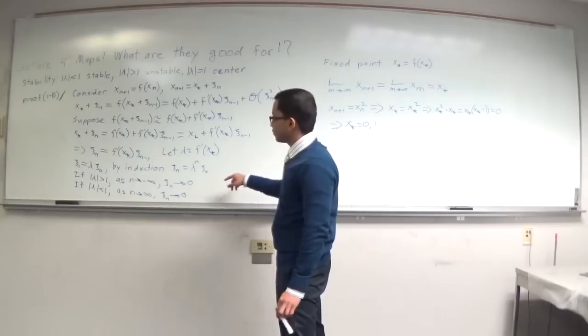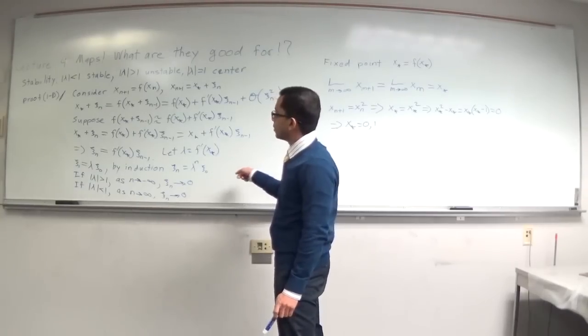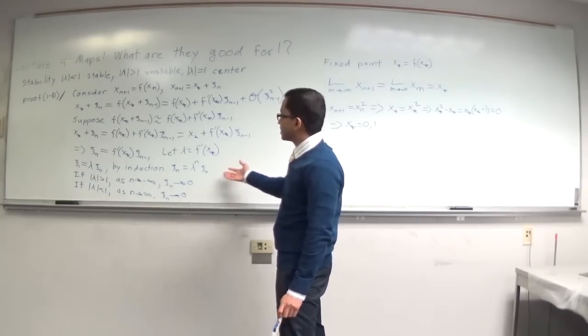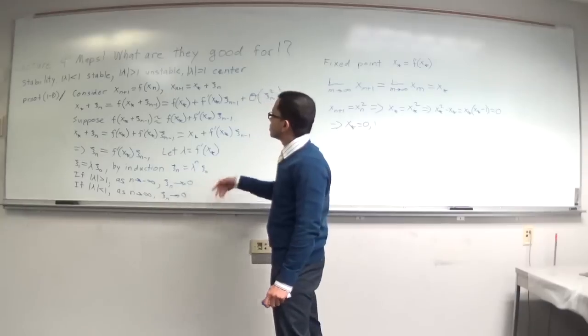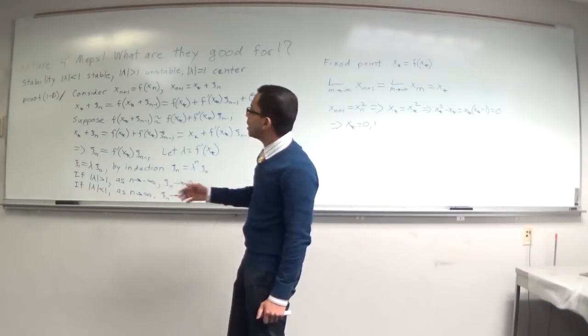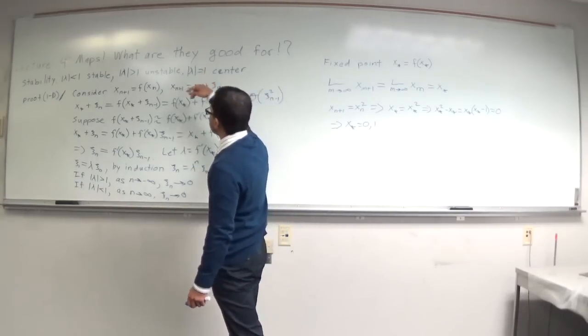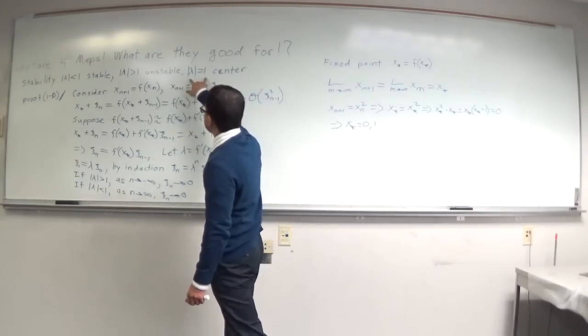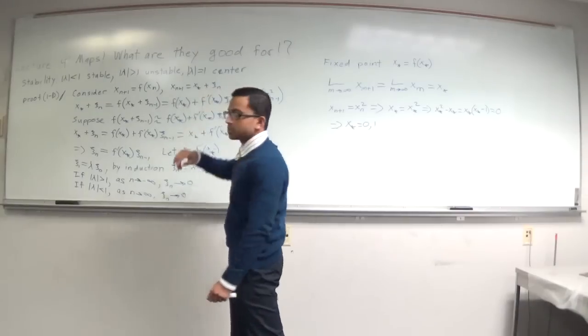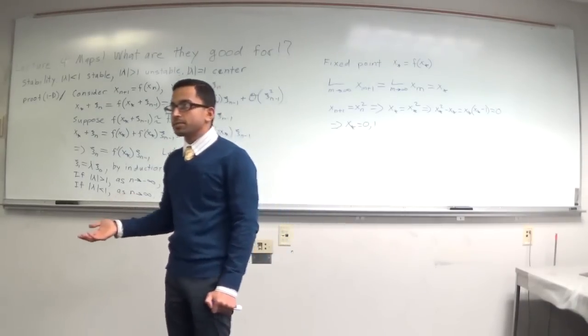So then if lambda equals 1, we can't say anything about Cn, so we can't say if the perturbation dies down or not. So then we get a center; the eigenvectors for lambda equal 1 correspond to the center subspace.